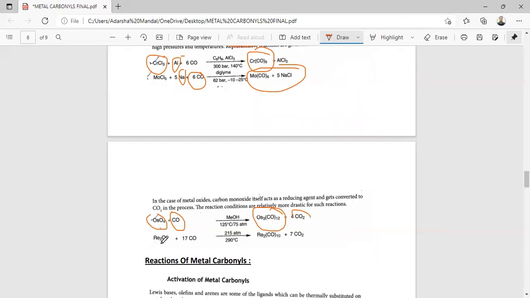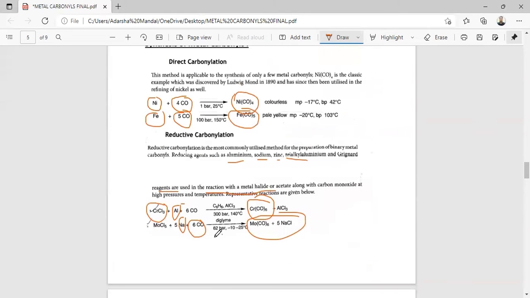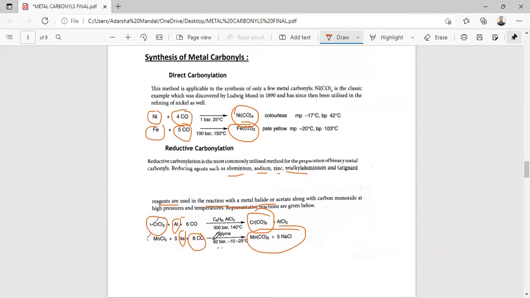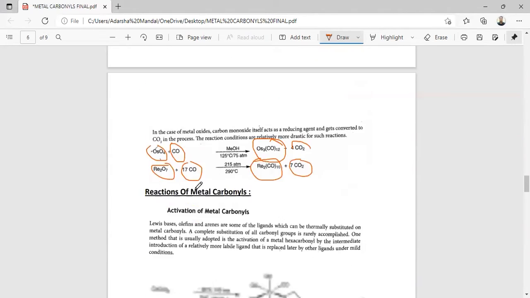Another is rhenium oxide, which reacts with carbon monoxide to form the metal carbonyl complex and 7 molecules of CO2. So mainly in these two processes, the metal carbonyl bond is formed.